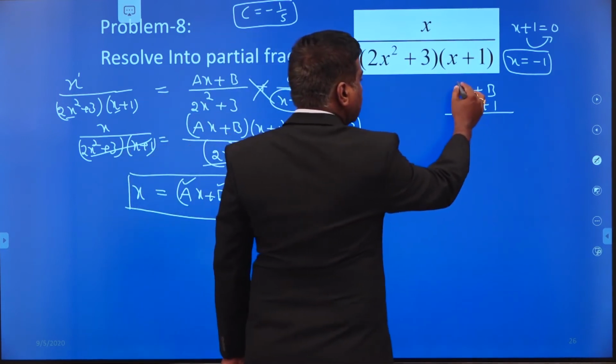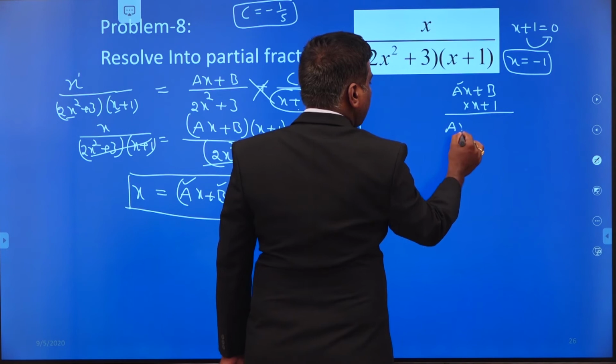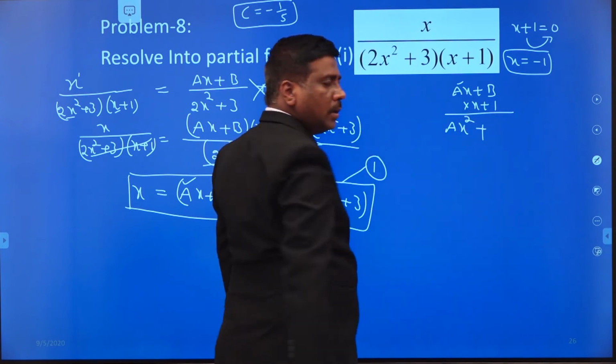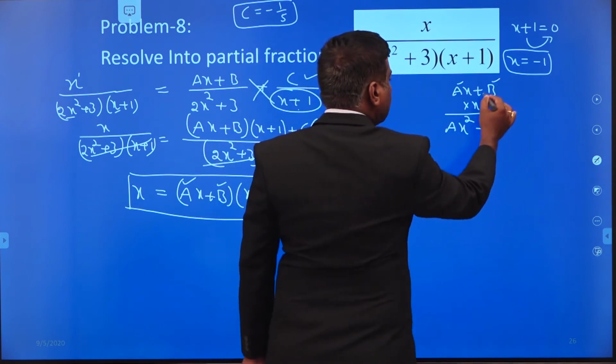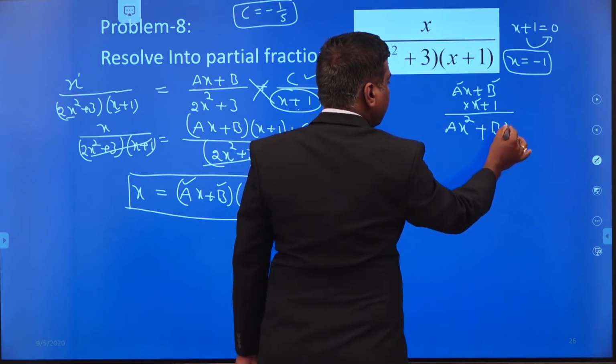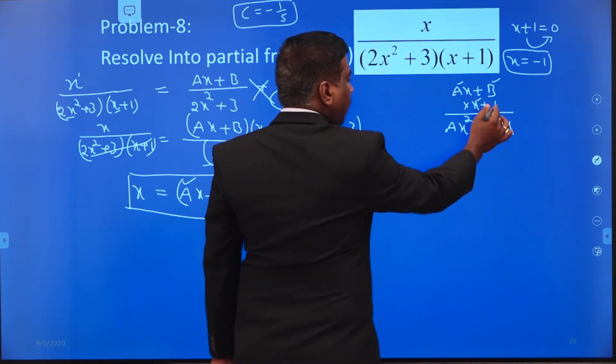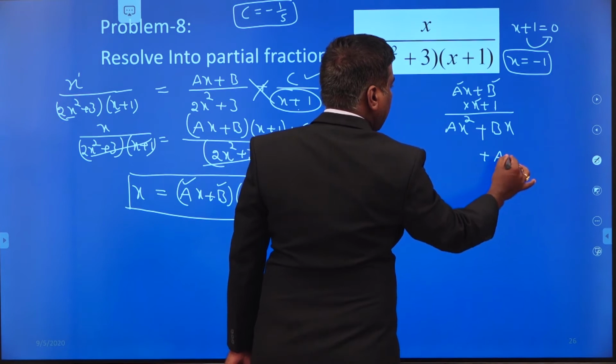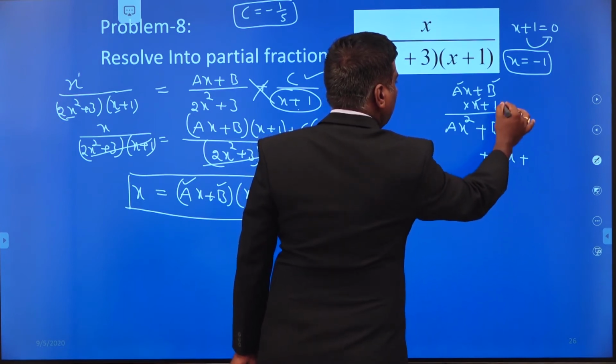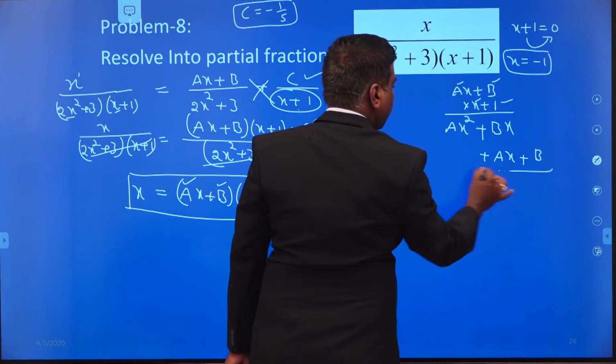Have to multiply the x and x terms, that is x into x means x square, plus multiply the b and x term, that is bx. And multiply the x term and the constant, this is plus ax, plus b into 1, that means b.